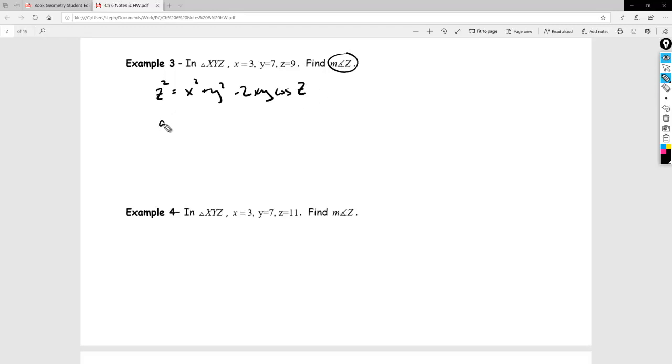So now I just plug in. So 9 squared equals 3 squared plus 7 squared minus 2 times 3 times 7 cosine of z. We want to simplify, subtract these, divide, and then use arc cosine. Okay. So we end up getting the measure of angle z being 123.203 degrees.